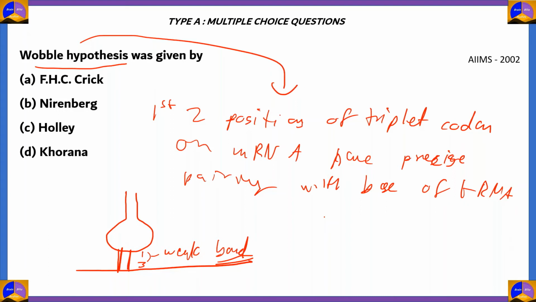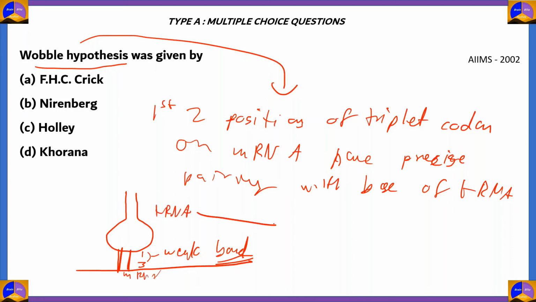You have some amino acids that have 4 to 6 codons coding for them, and the reason is because of the Wobble hypothesis. Now, how do we know who gave this? Because this happens between mRNA and tRNA.